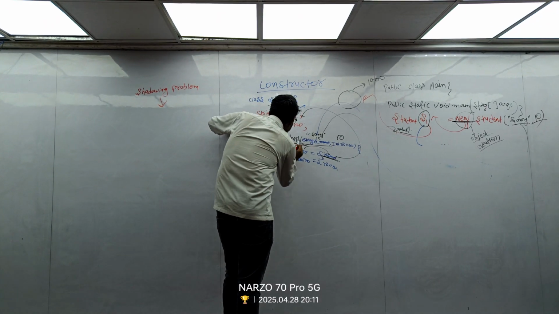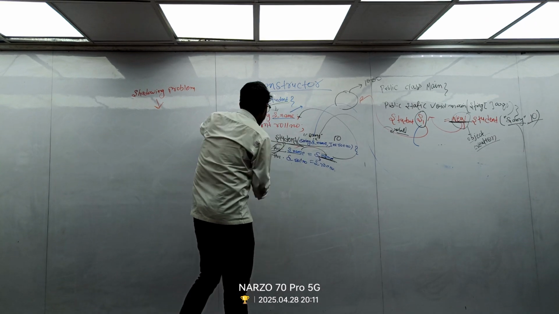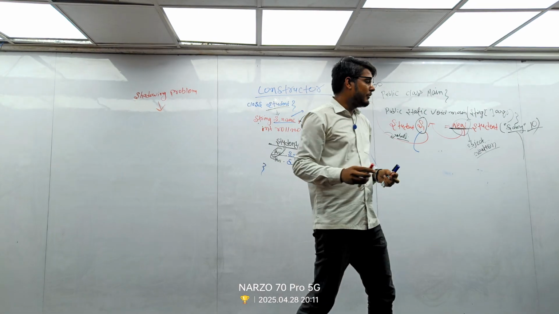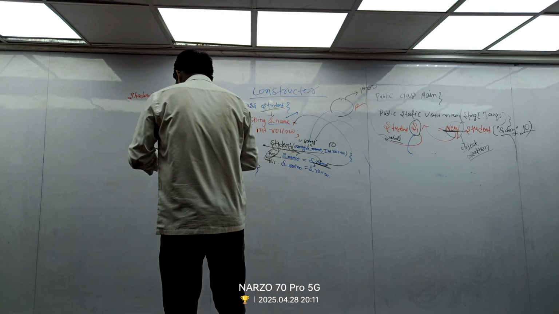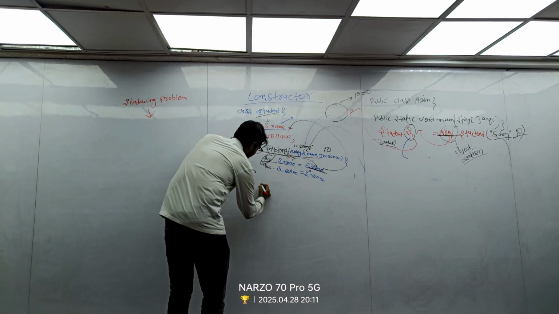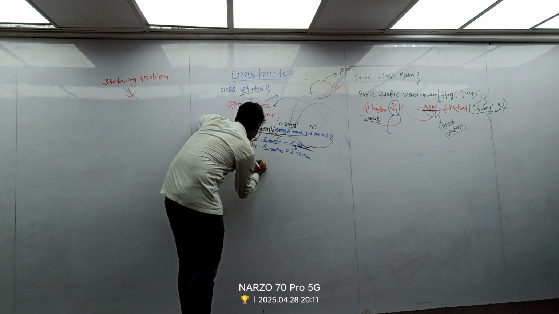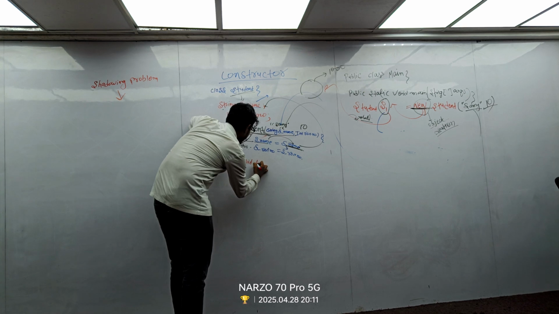I write a setter method for the student. After that, we get the values using a method. I write a method with return type void named display.